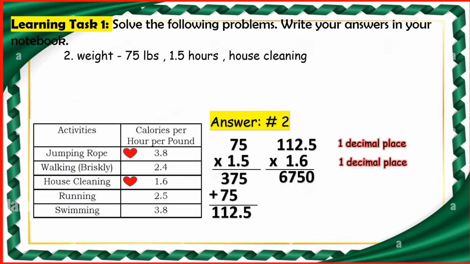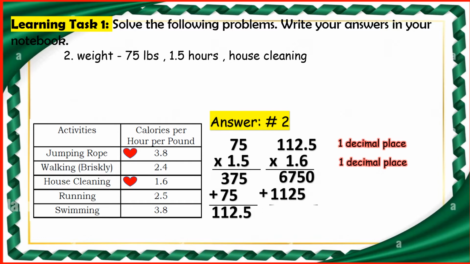Then 112.5 multiplied by 6, the answer is 6,750, and then 112.5 multiplied by 1, the answer is 1,125.